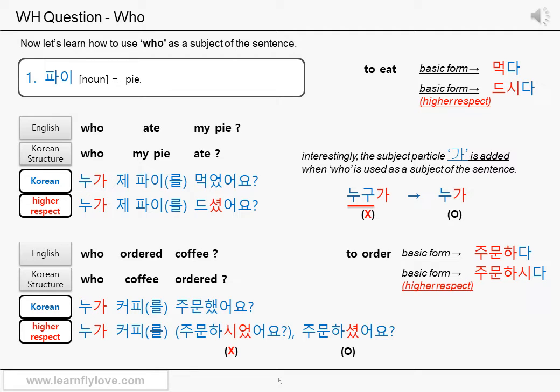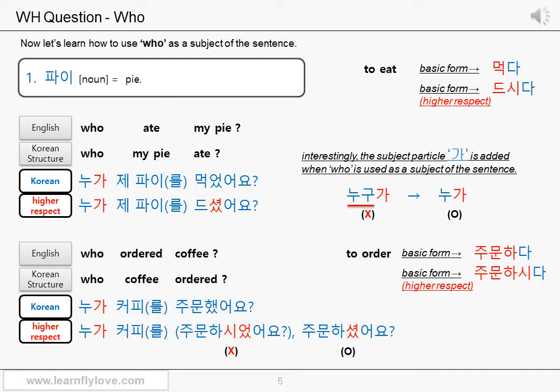My pie. My is 제. Pie is just 파이. Let's add a particle 를, since this is an object of the sentence. 제 파이를. Yes, you can omit the particle 를 here when you actually speak. Ate.